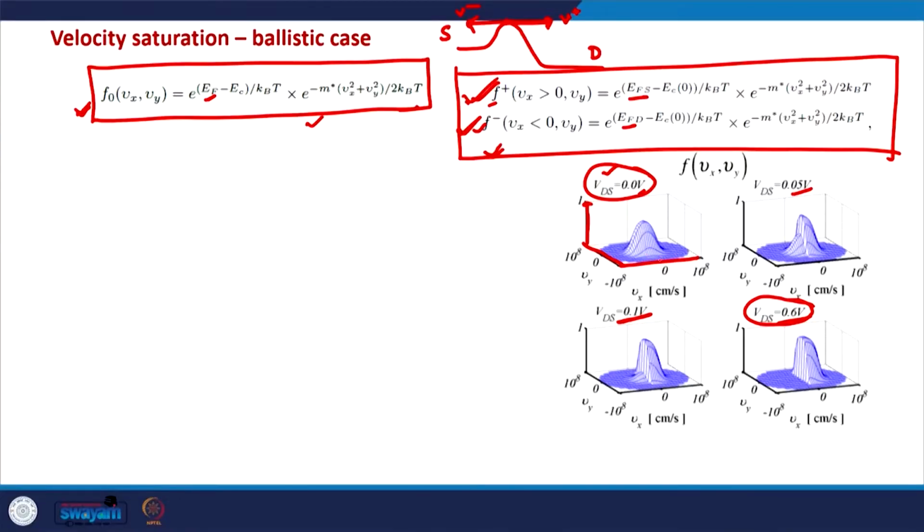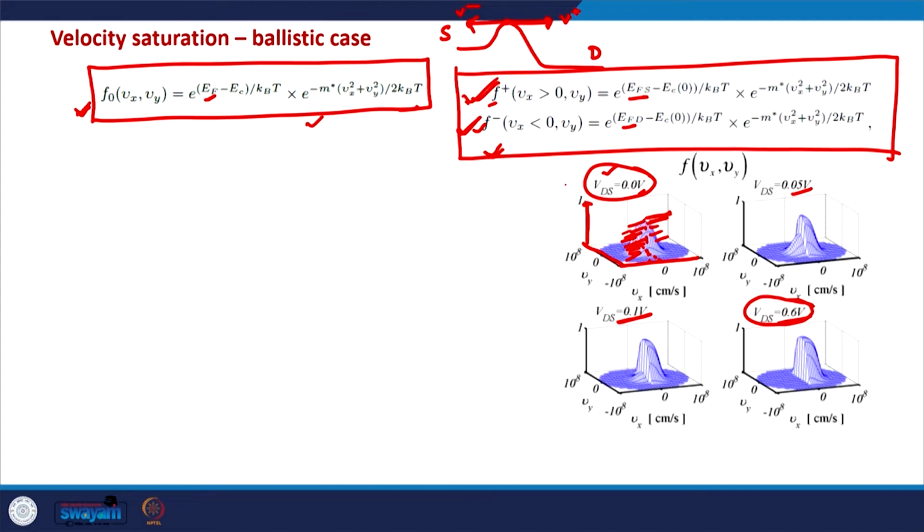So, that is why you see that this distribution of velocities is also symmetric in both positive and negative direction. So, these are the positive velocities and these are the negative velocities. Okay, so, these are the velocities coming from the source side, and these are the velocities of the electrons coming from the drain side.